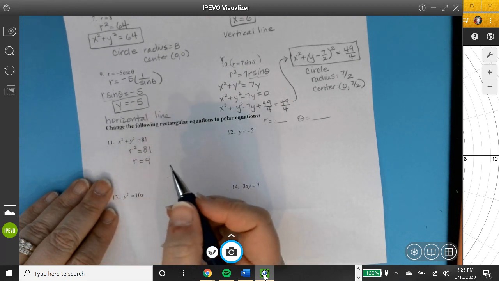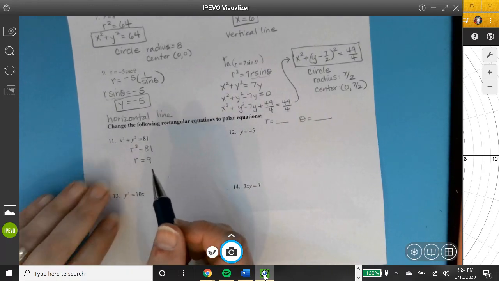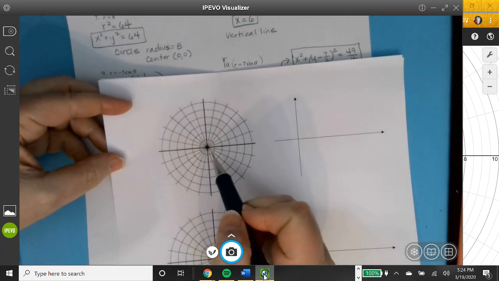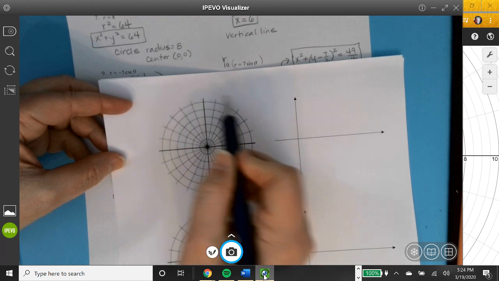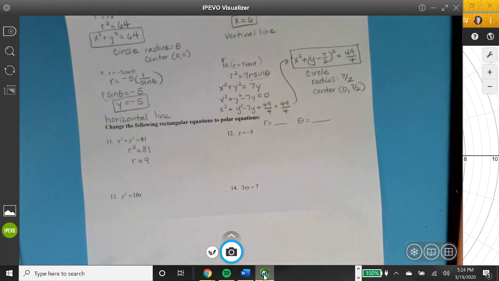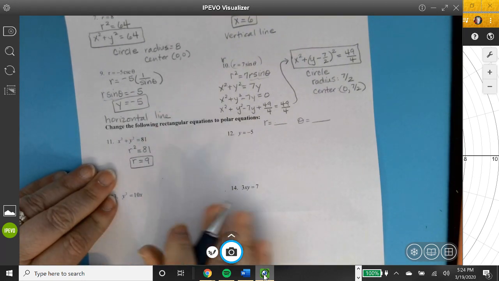Now, you could say r equals plus or minus 9, but let's talk about that. If you're going out radially 9 and making a circle, or negative 9 and making a circle, does it make a difference? No, and we may as well remain positive. Okay, and so obviously this is a circle, radius 9.